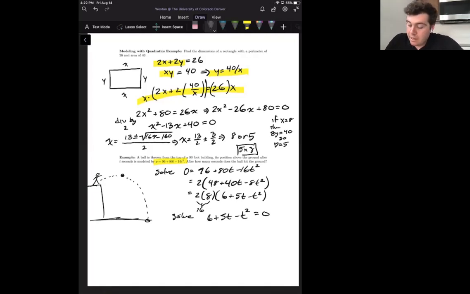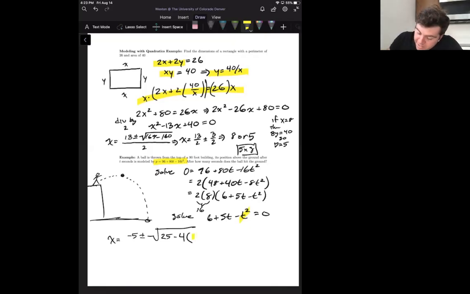And now we just apply the quadratic formula. Now it's important not to get tripped up. So we have x equals negative b plus or minus the square root of b squared, so that's 25, minus 4 times a, and in this case, our squared term, t squared, is on the far right.